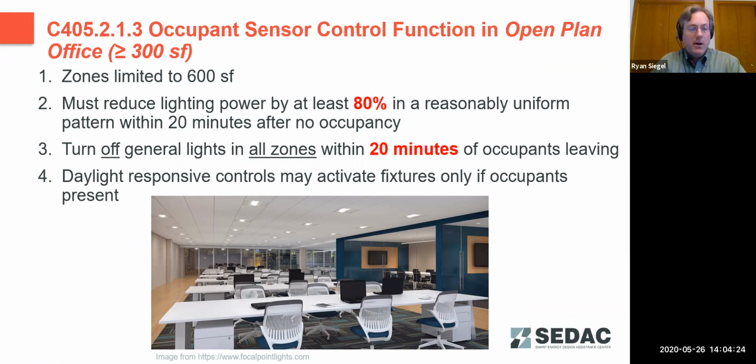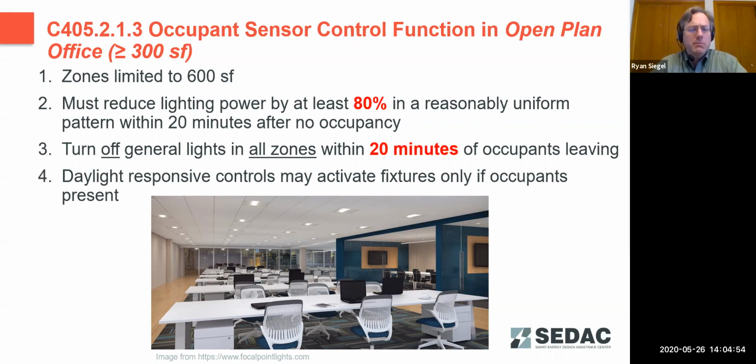The sensor coverage may be nominally more than 600, but each lighting zone can't be larger than 600. And these next 2 come in tandem, where we have to reduce the lighting power by at least 80% when a zone has no occupancy, and the remaining 20% has to go off within 20 minutes of all the zones being unoccupied.